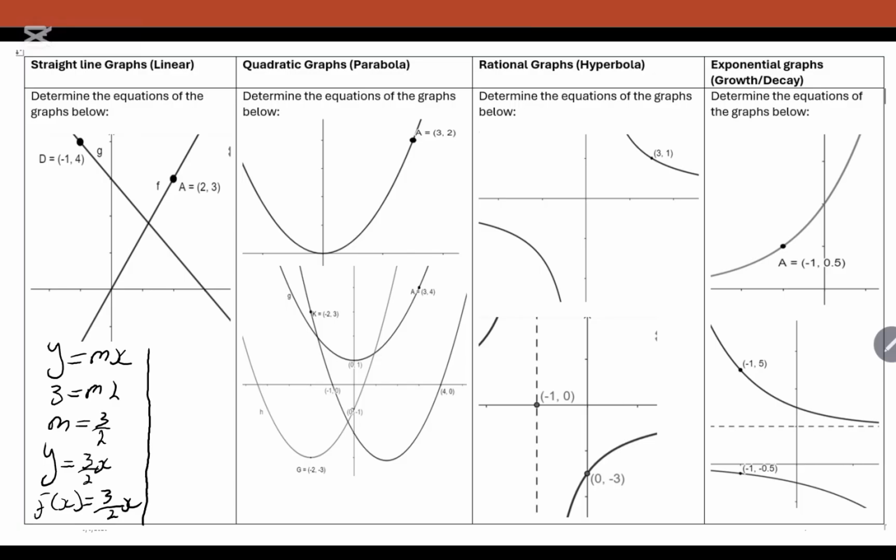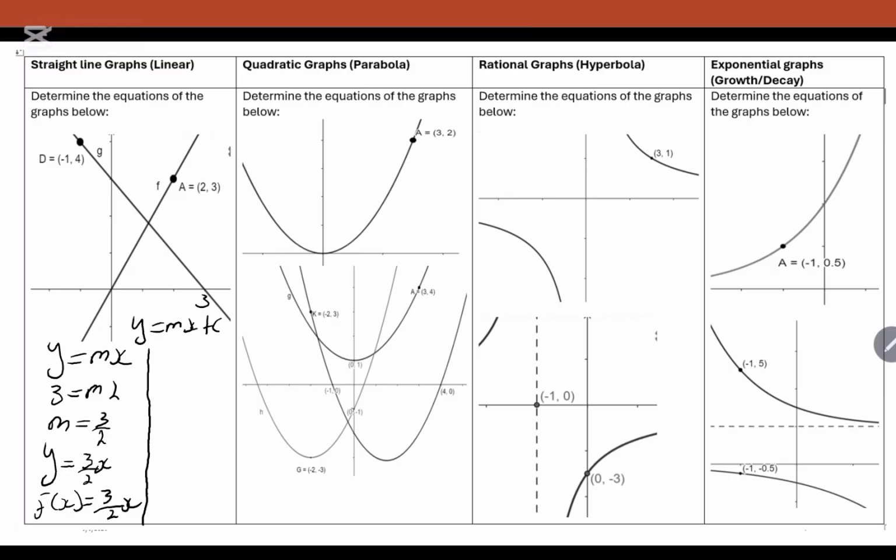Now the other graph, there is a number that is missing here. At this point, the value of x is 3. I can see the graph is not passing through the origin. If the graph is not passing through the origin, it takes the standard form of y equals mx plus c. That simply means that the graph has been either vertically shifted or horizontally shifted.